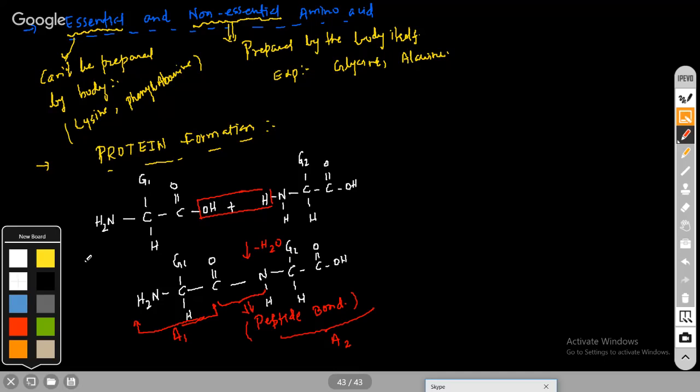Now I'll come back to this again, but first you see this classification of peptides.